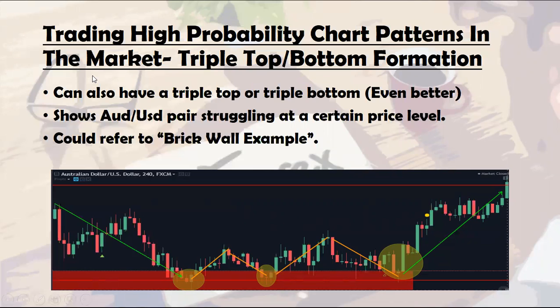Price will come up, bounce down, come back up, bounce down, come up again for the third time, and then you'll go for a sell, because third time's the charm, right? So if price is struggling at the bottom, you'll call that support, and if price is struggling at the top, you'll call that resistance.